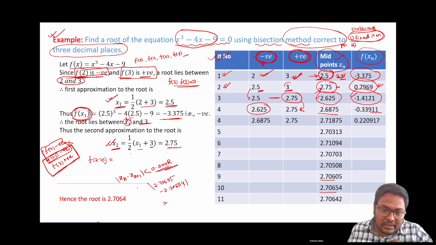So what will you get? 0.00049, which is less than 0.0005. So this is correct up to 3 decimal places, and this is your error. So this condition is satisfied. So your root is the midpoint of these two.